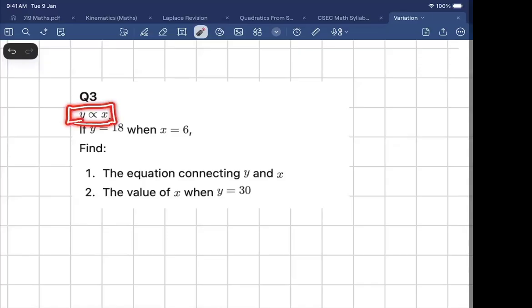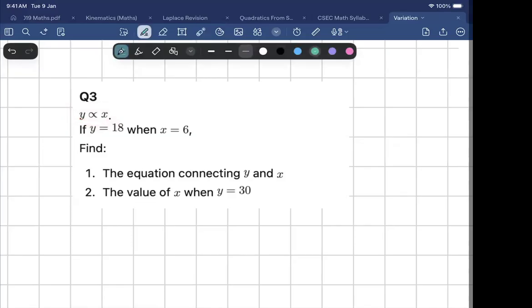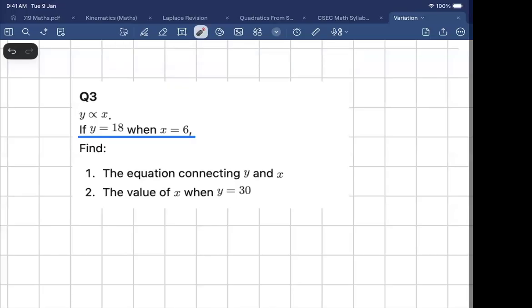That y is directly proportional to x. Good. Now, in the question, they are giving you a what? That's our what? A condition. Now, Nikolai, what if I told you you could look at that and see the answer? You could be like, seriously?